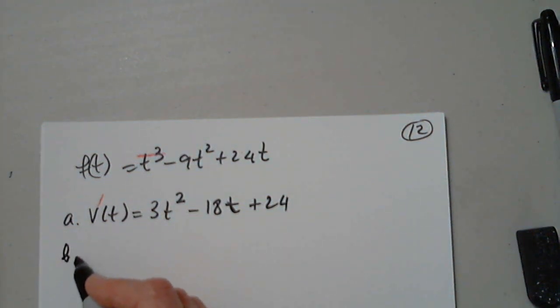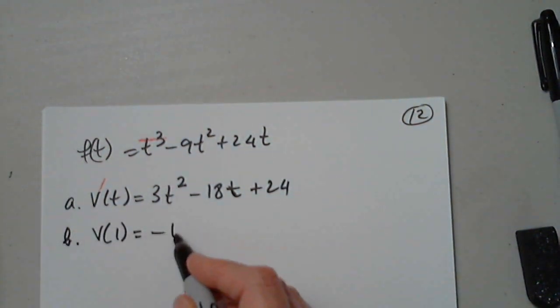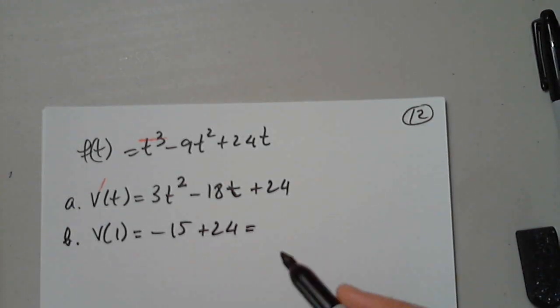Good. So in part 2, they want v of 1. So 3 minus 18, negative 15, plus 24, and we get 9. 9 what?